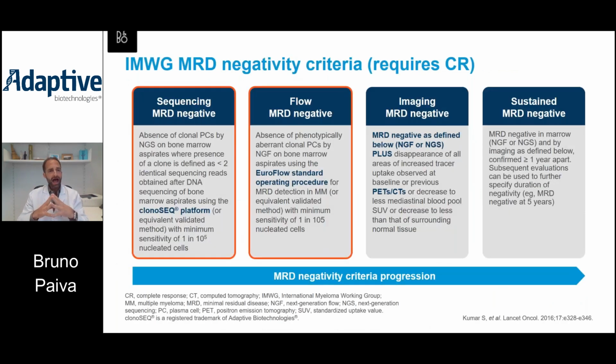I think that the IMWG response criteria is valid and up to date in 2020, and you have two different criteria to define negative MRD in the bone marrow at the cellular level. Sequencing using the Prognostic platform that has been elegantly explained in the previous lecture, or flow MRD negative using HeroFlow SOPs.